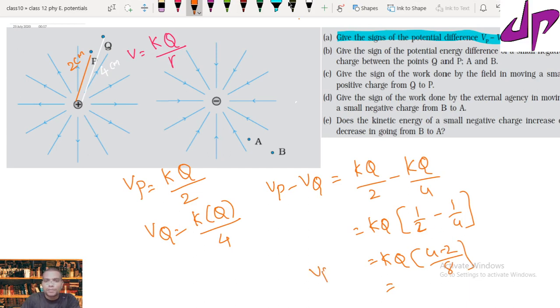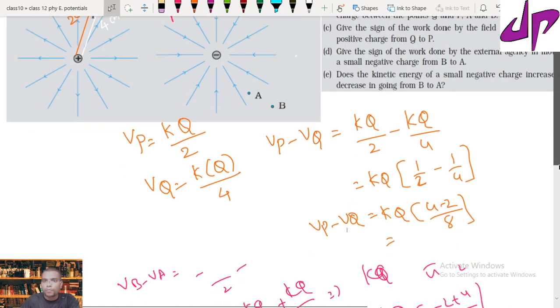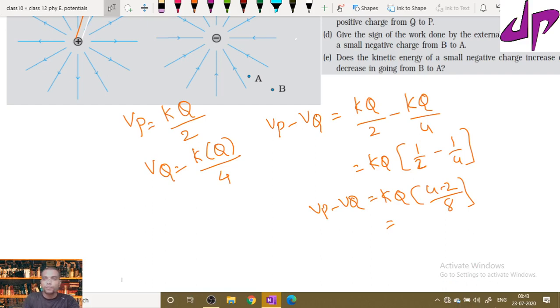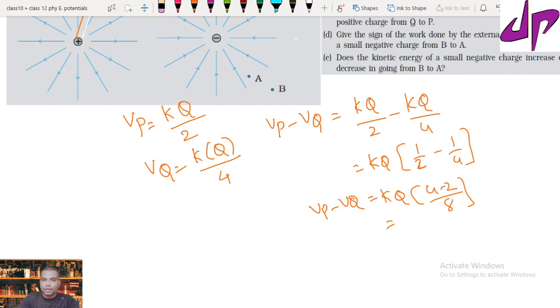So Vp minus Vq equals Kq, with LCM, 2 over 8, which gives 1 over 4.